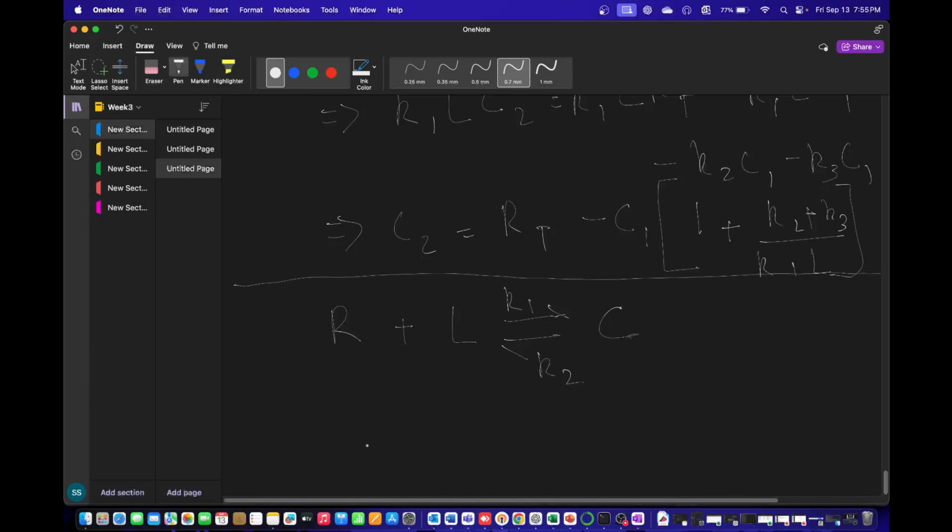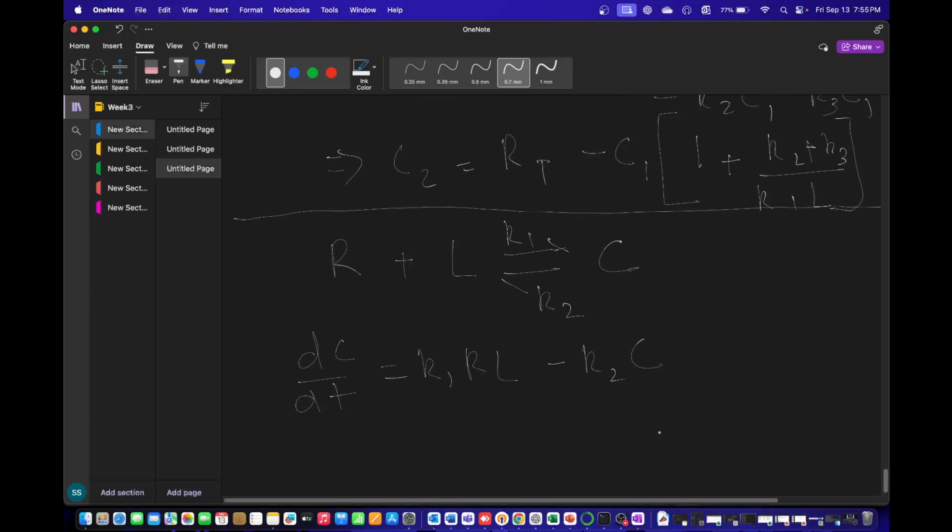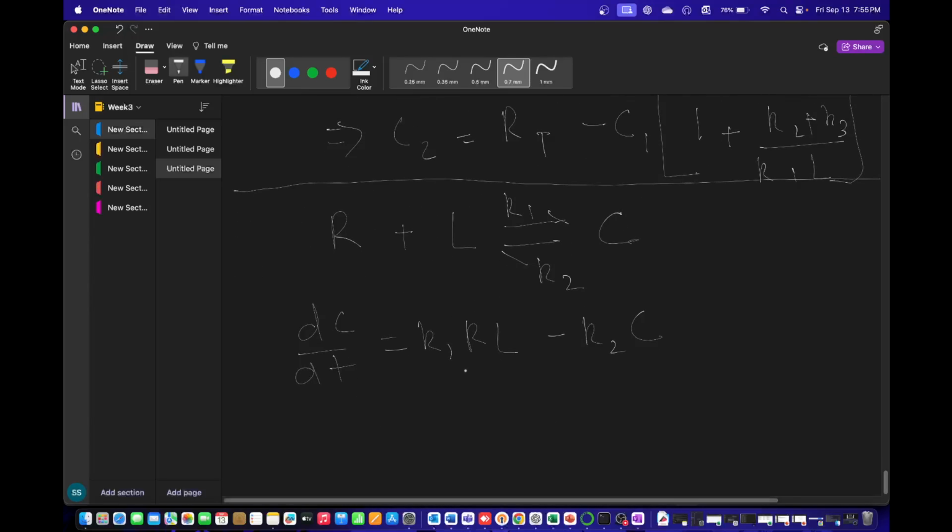If you try to model this, dC/dt is basically k1 into R L minus k2 into C. Now here R is the concentration of the free receptor, not the total concentration.